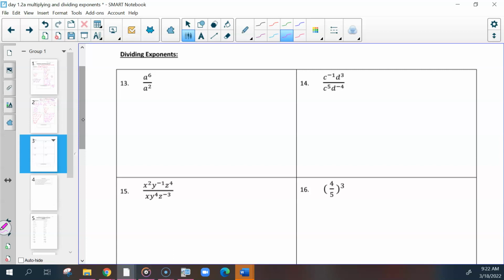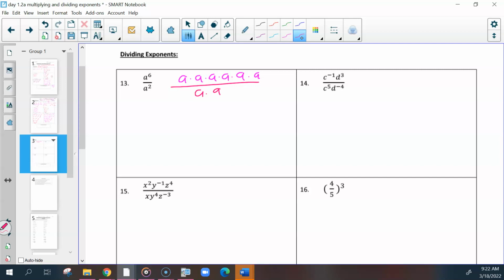So if I have a to the 6th up here over a squared, anytime we're dividing, we're trying to reduce it.